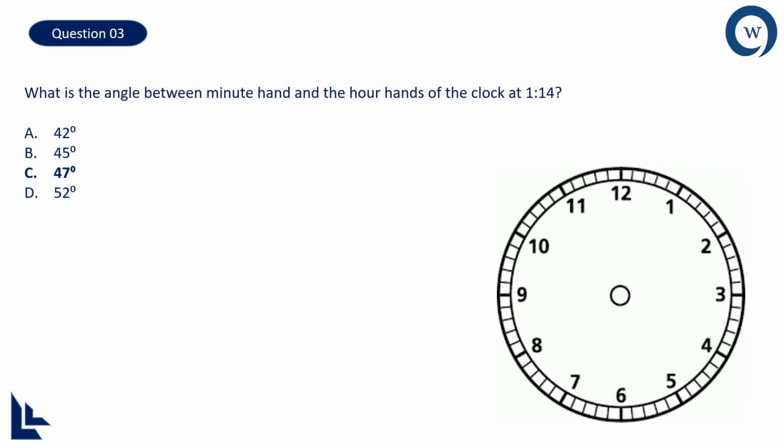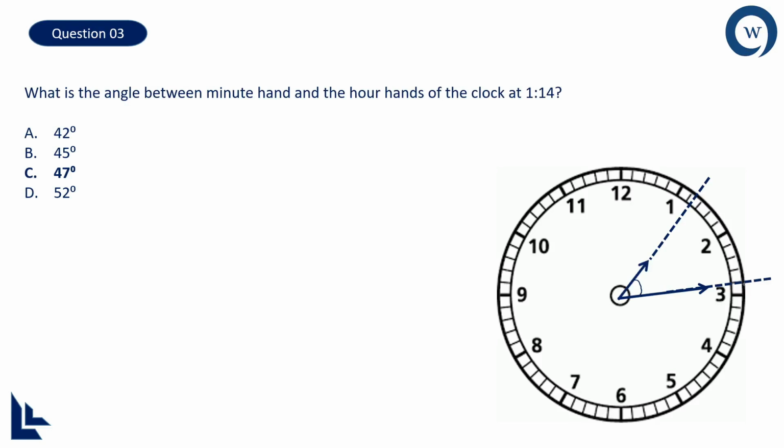Look at here, this is the clock, and hour hand will point to number 1 exactly at 1 o'clock. Now after 1 o'clock, it's already been 14 minutes, and for that 14-minute deflection, hour hand will also move by a certain angle. Now your duty is to find out what will be this angle. How will you find out this angle? Very simple logic.